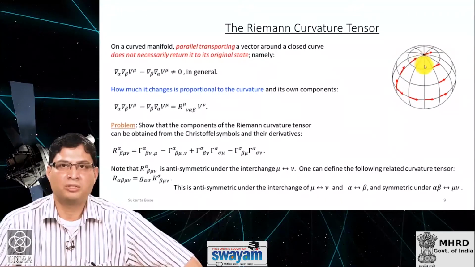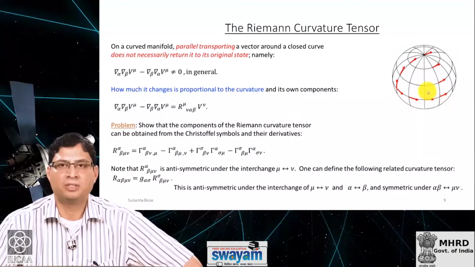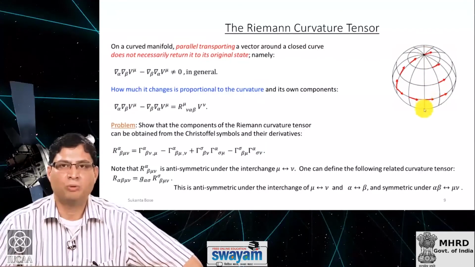So, all of the longitudes are geodesics. The latitudes are not geodesics unless you are on the equator, which is actually another great circle, just like any of these longitudes, and they all have the same radius. Remember, these latitudes have shrinking radius going all the way to 0 at the 2 poles.